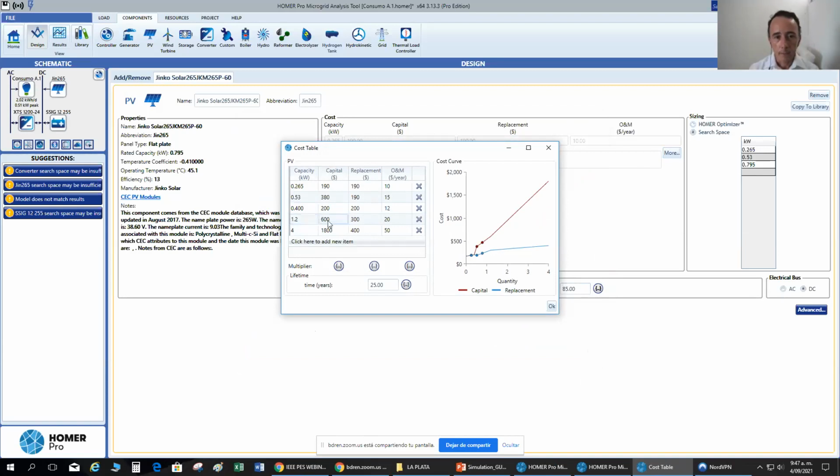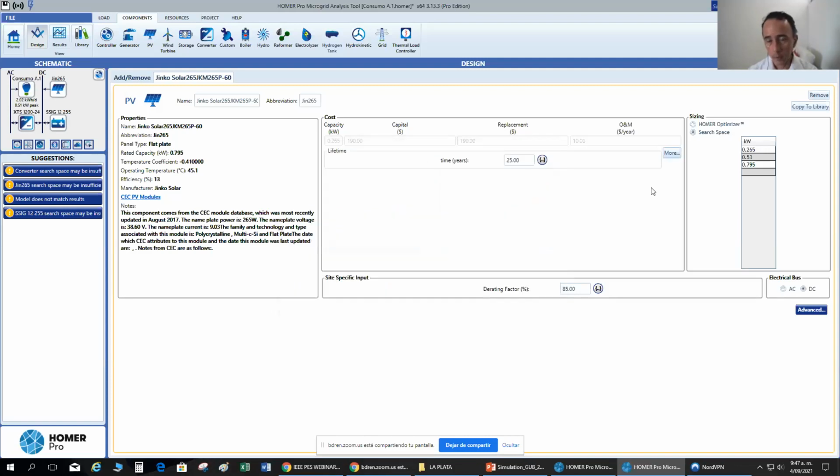So the question here is to have the actual cost for every single technology that is commercial in your region or your country, and then multiply to make the entire table, and Homer will create this cost curve for the optimization.